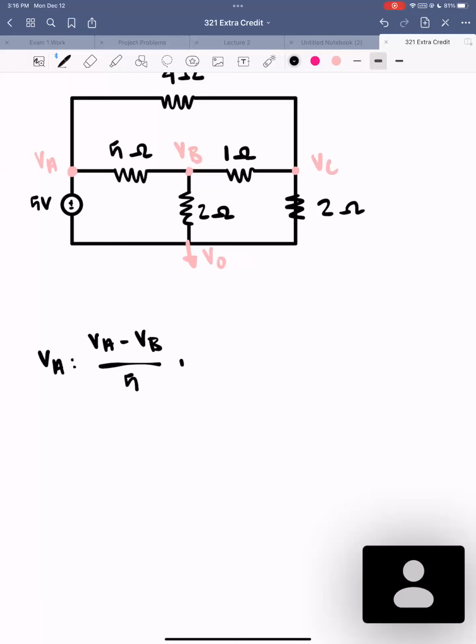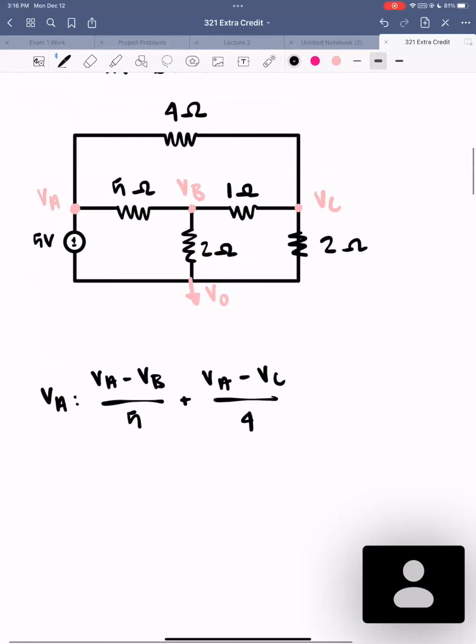And then we're going to plus VA minus VC all over 4 ohms. And then we are going to do plus VA minus 5 volts is all equal to 0. And we do minus 5 volts because we're going into the positive side and out through the negative side of the power supply.